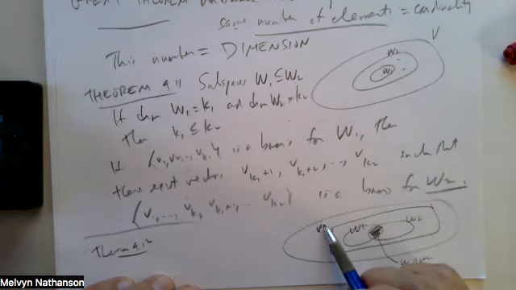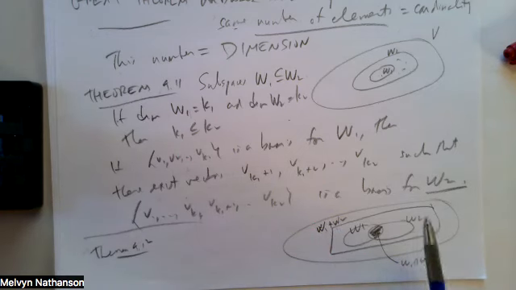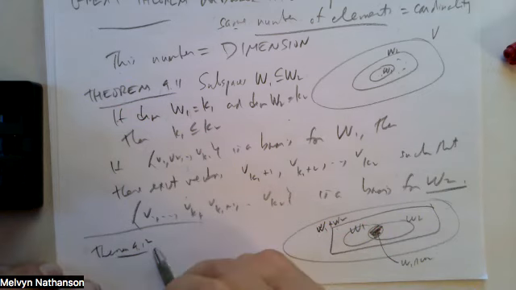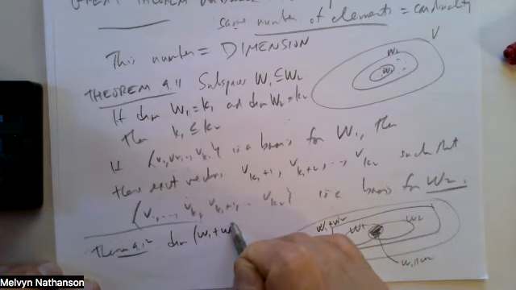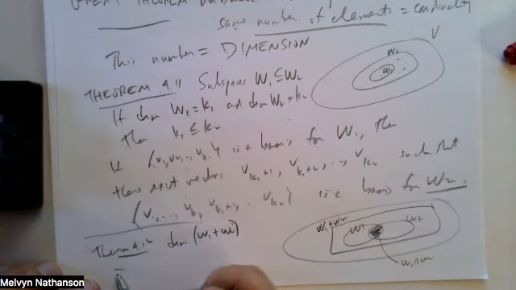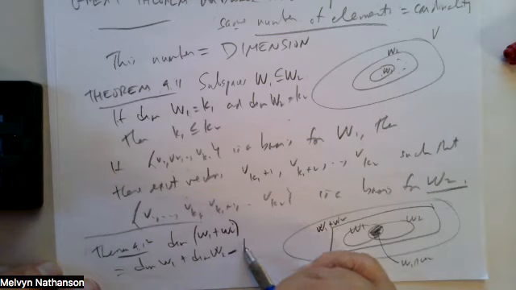And then we have the sum of those vector spaces, W1 plus W2. All vectors that can be written as the sum of something in W1 plus something in W2. And there's this very nice relation that says the dimension of W1 plus W2 is equal to the dimension of W1 plus the dimension of W2 minus the dimension of the intersection.